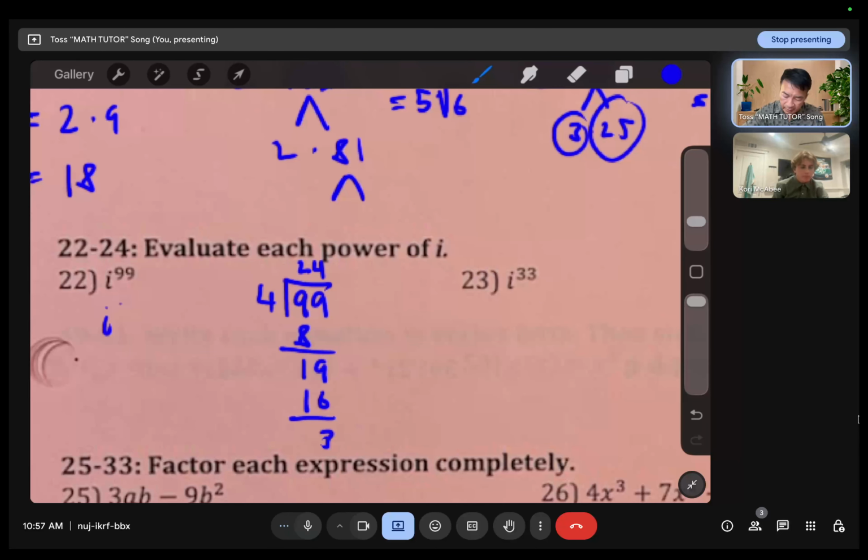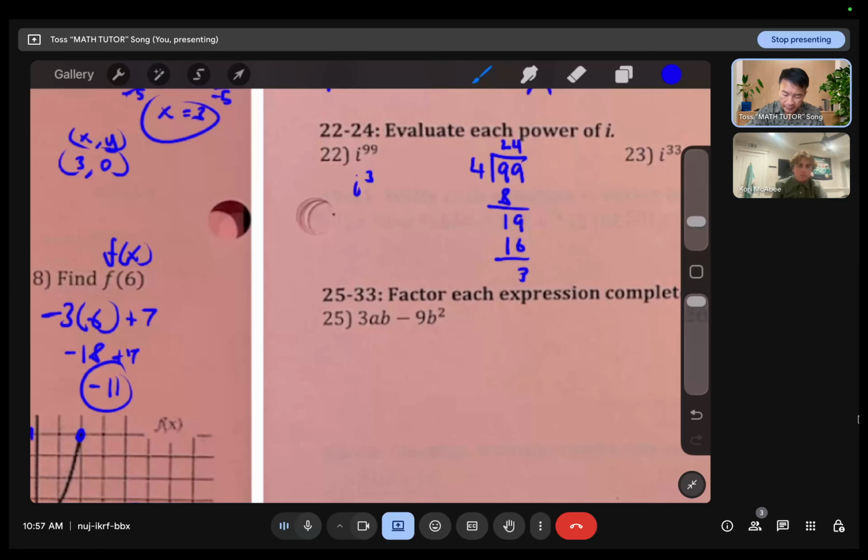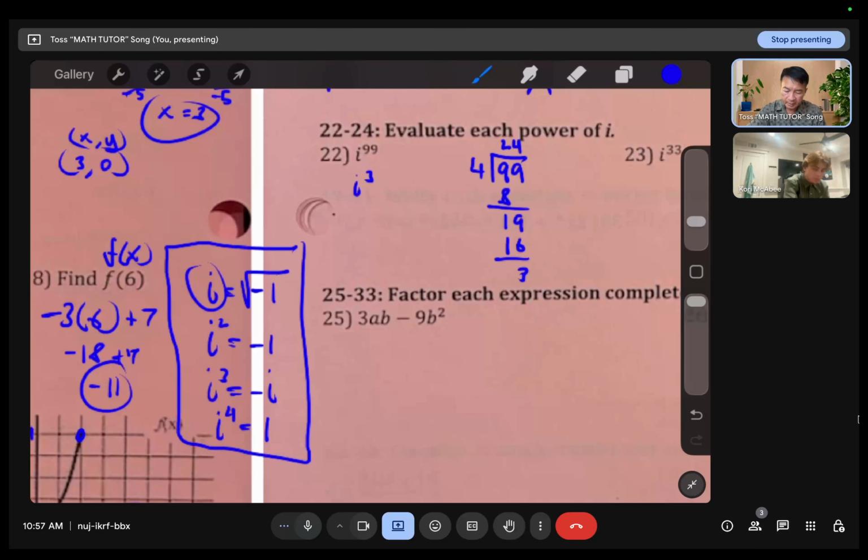But let's list all the i components here. The first thing is that you can keep the i when you see it. You don't want to write a root of negative 1, but the i squared you have to write as negative 1. i to the 3rd is negative i. i to the 4th is going to be 1. So you can copy this down again if you need to.